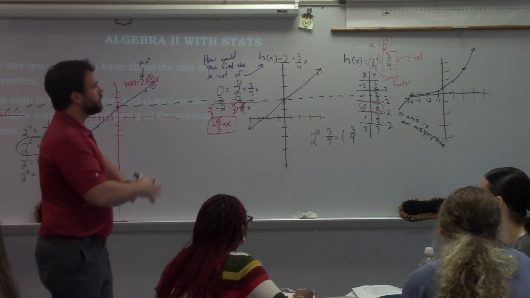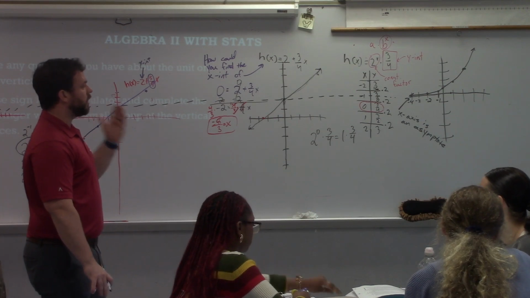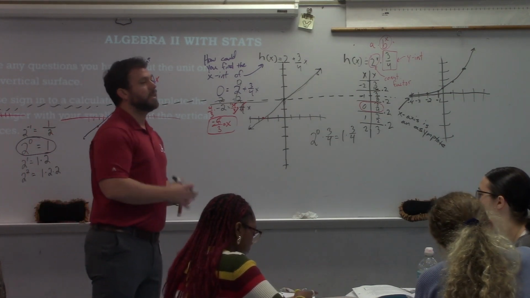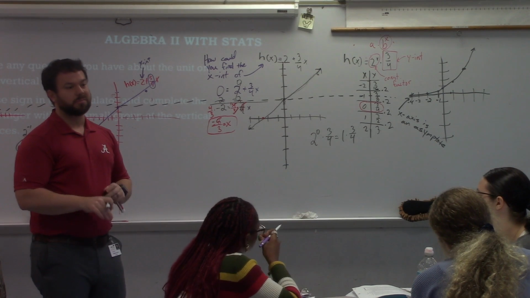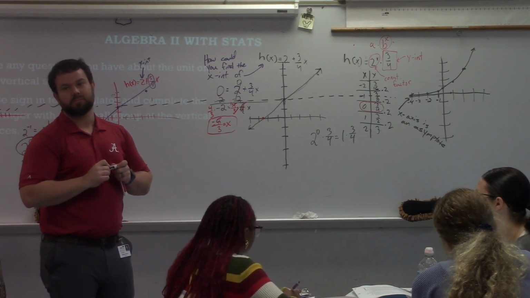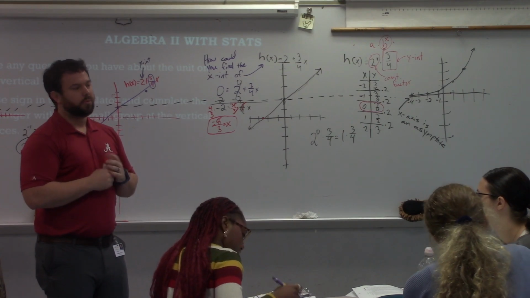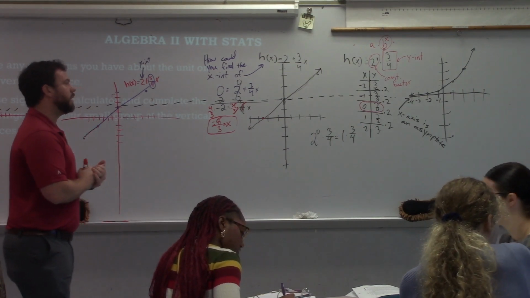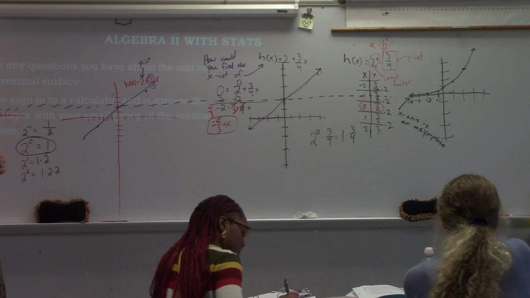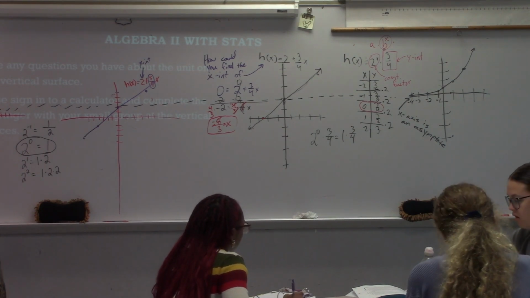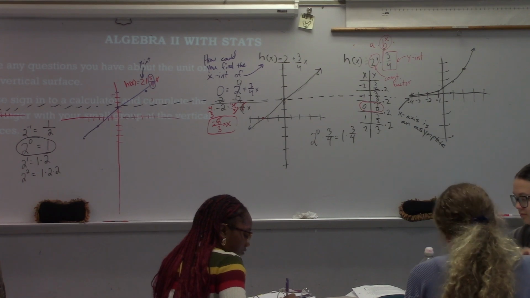Again, you don't have to know the asymptote, but you do need to notice a constant factor. You need to notice the y-intercept, and that's way easier than just doing inputs and outputs. Check yourself, but with knowing the constant factor, knowing the y-intercept makes this way easier. What questions do you have? Okay.